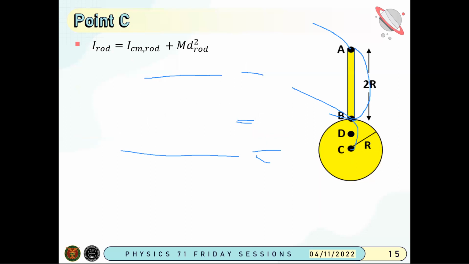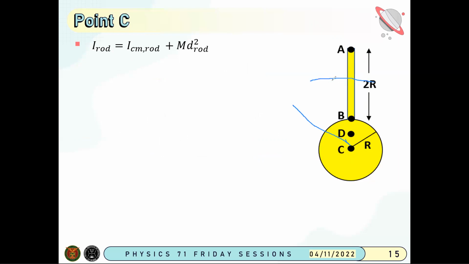From point C, ano na mangyayari? So from point C, ito na yung axis of rotation. Right? So ano ngayon yung I rod? Magpa-parallel axis theorem pa na. So alam mo, ito yung center of mass. Right? So paano siya na-offset?